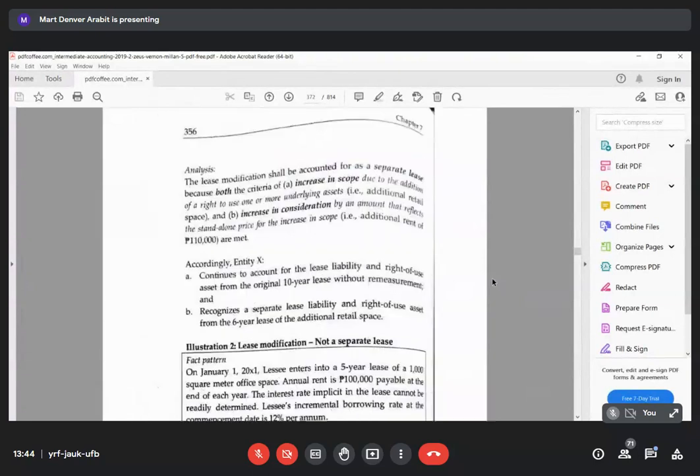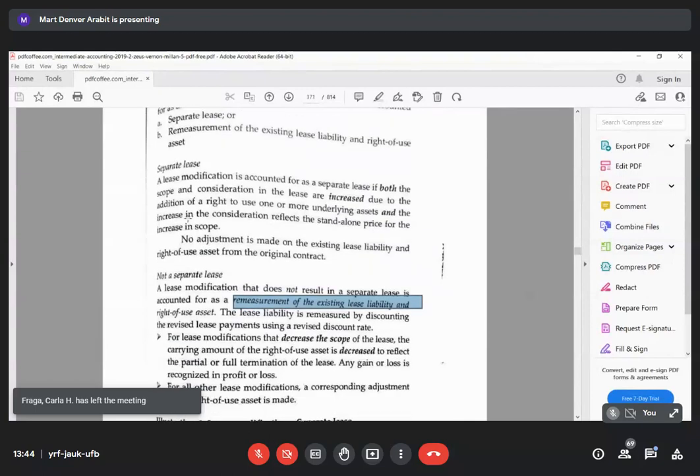Okay? So the analysis here is the lease modification shall be accounted for as a separate lease because both criteria are met: there is an increase in scope due to the addition of the right of use of an underlying asset, and there is an increase in consideration.